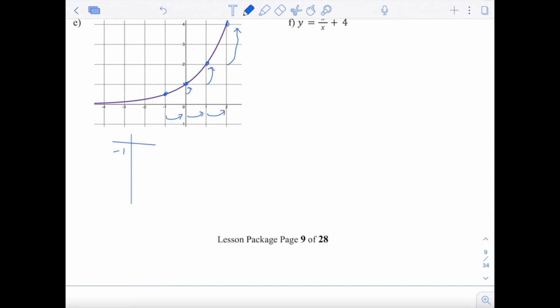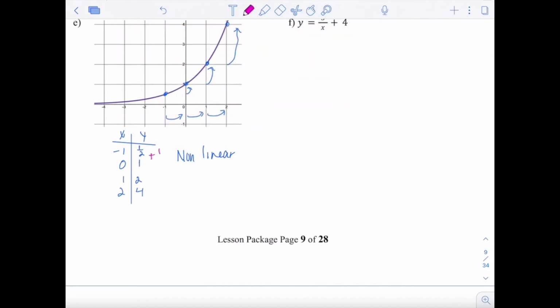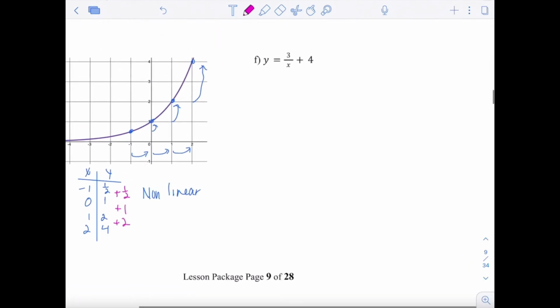So I've got -1, 0, 1, and 2. Let's call that a half, 1, 2, and 4. That's nonlinear, because this is +1/2, +1/2, and then +1, +2.